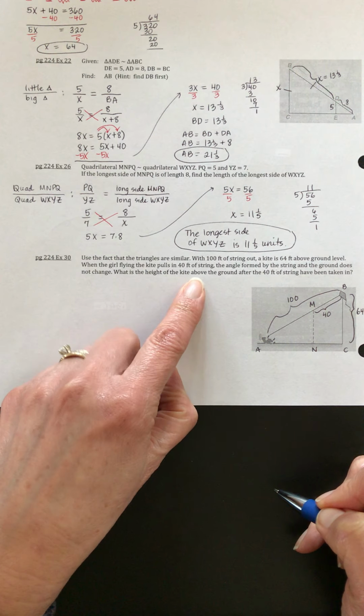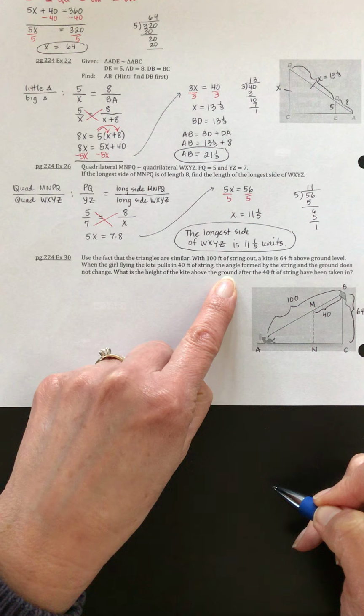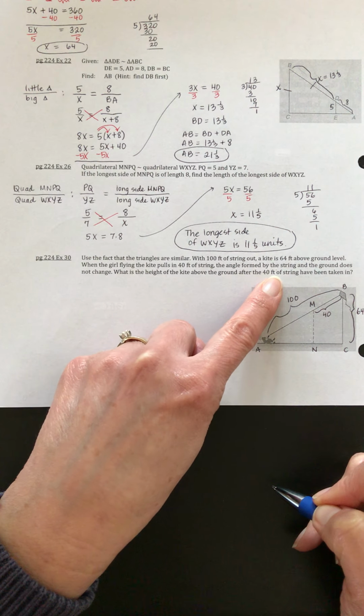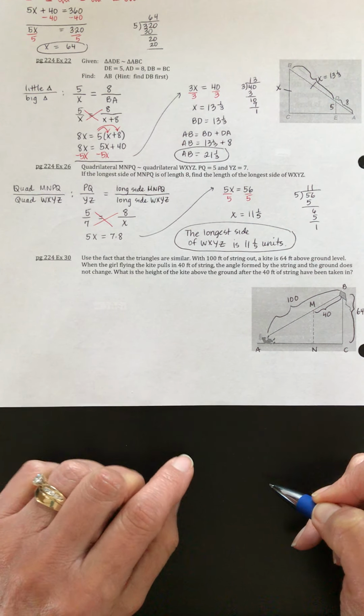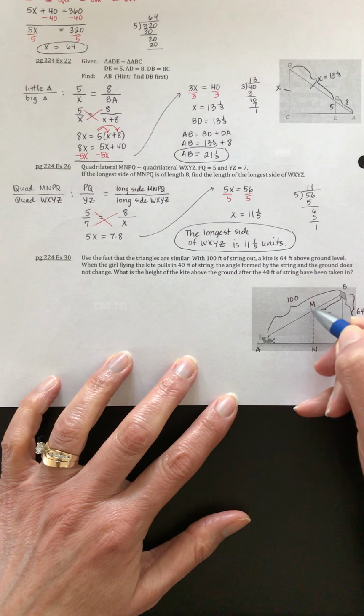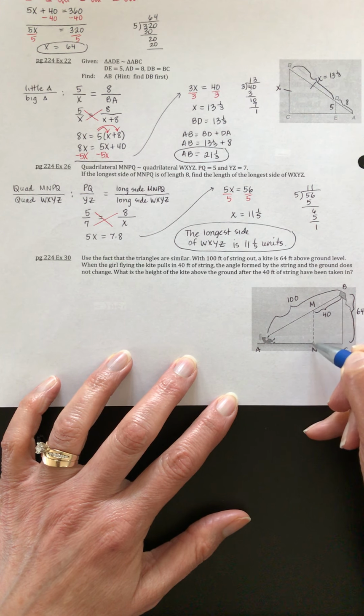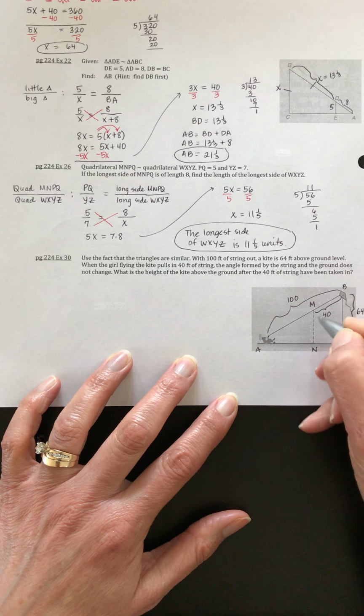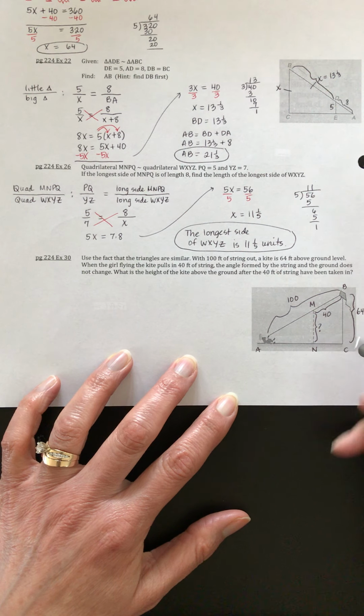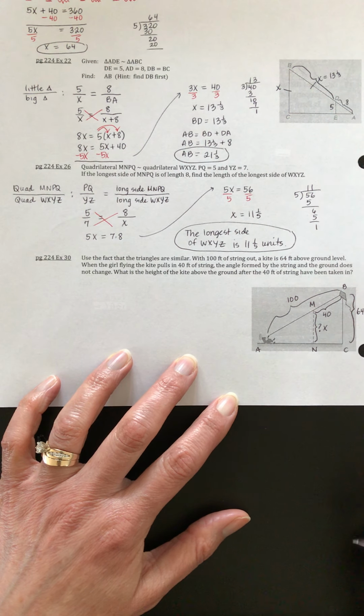What is the height of the kite above the ground after the 40 feet of string have been taken in? Okay, so the kite is now moved to this position. They want to know what is the height of the kite. So they're asking for this right here. So we're trying to find out what that is. That's the question mark. And why don't we call it X?